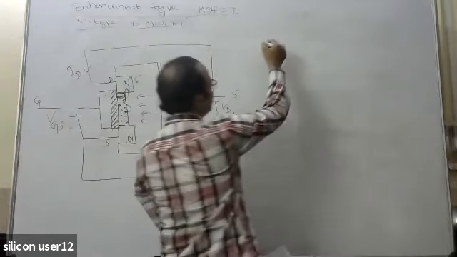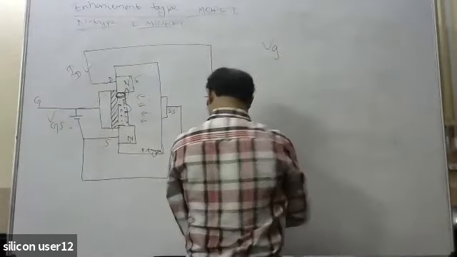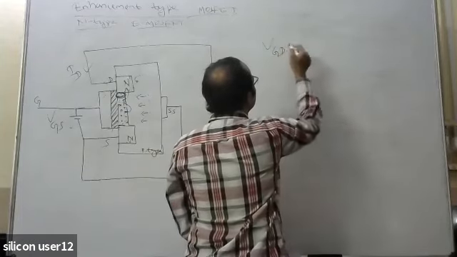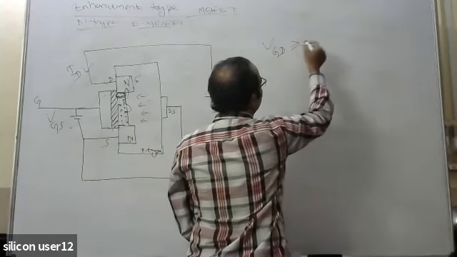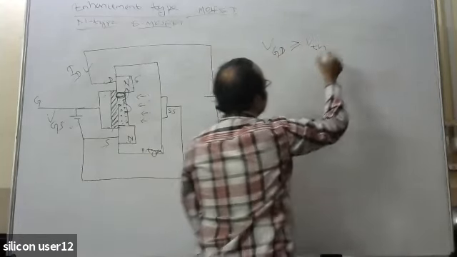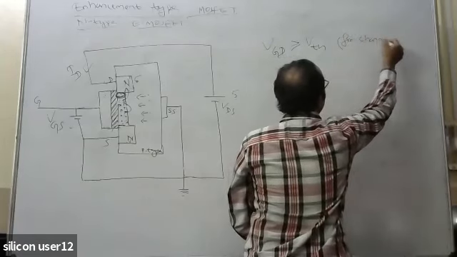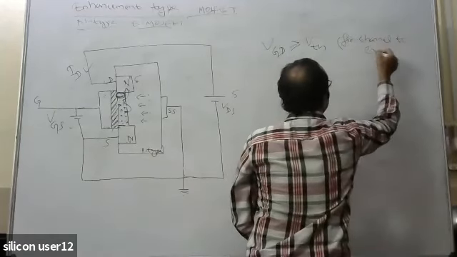So I can say VGD should be greater than or equal to VTH for the channel to exist.